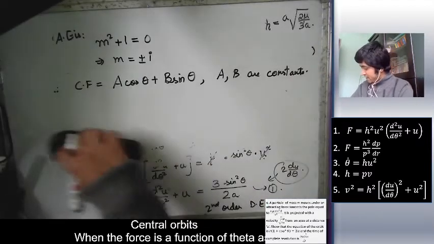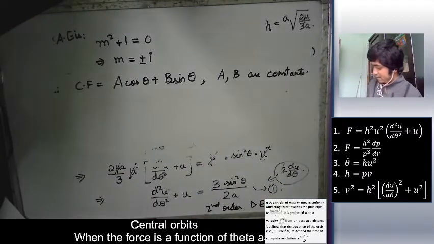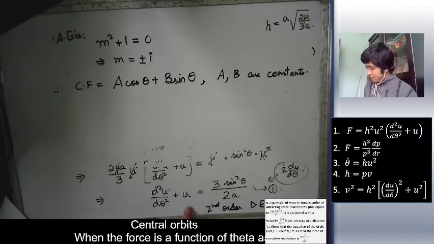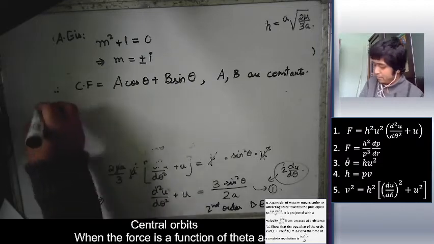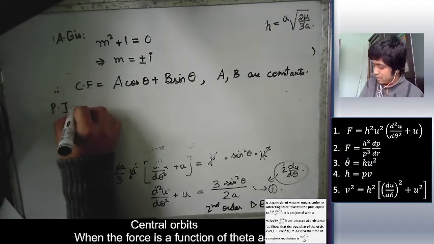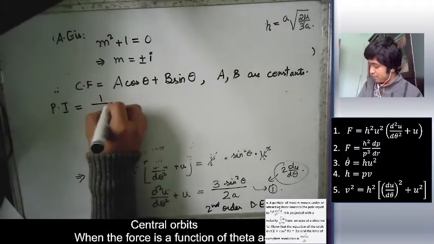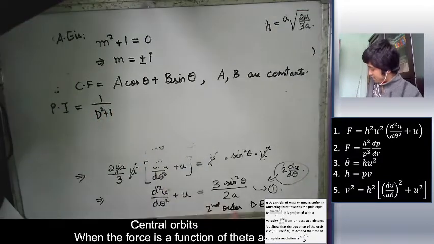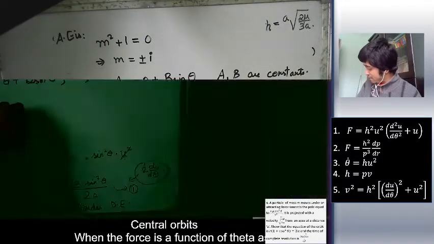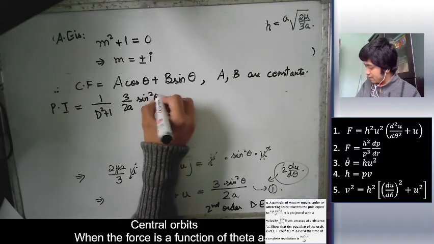Now we just need to find a particular integral. If you notice this one, it can actually be written as PI equals 1 by D squared plus 1 of 3 by 2a sine square theta.